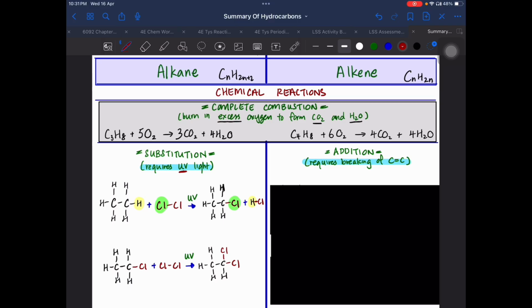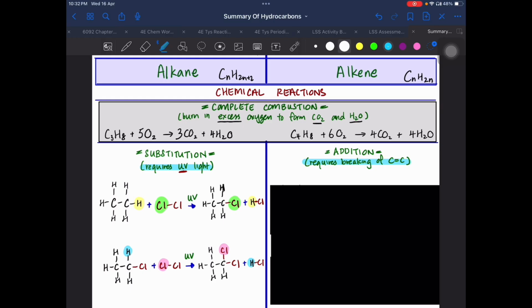Substitution will happen, and the hydrogen that comes out, just like the one above, will combine with the chlorine, and this time round, this chlorine came in over here, and this hydrogen got substituted out if you follow the highlighter. Right, so this is what substitution means.